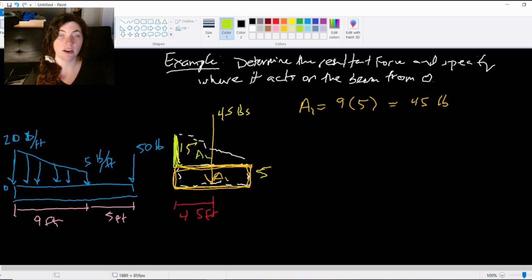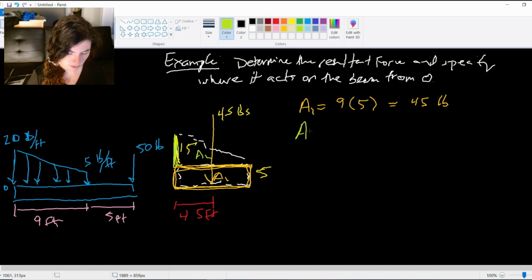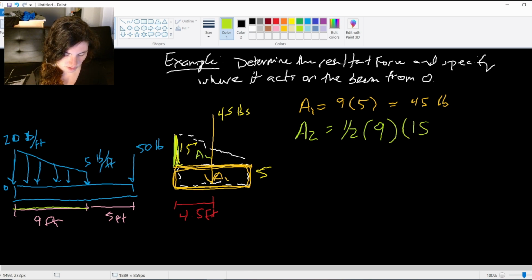Now we'll look at our second area. It's this triangle here, and we'll do the 1/2 base times height. That's area of a triangle. 1/2. The base is the 9, this 9 distance here. And the height is 15, right? It's that 20 minus that 5. And so I can punch all of that into a calculator and get 67.5 pounds.